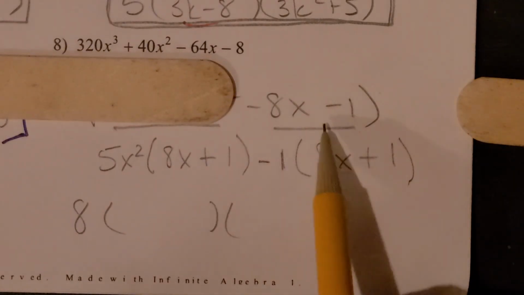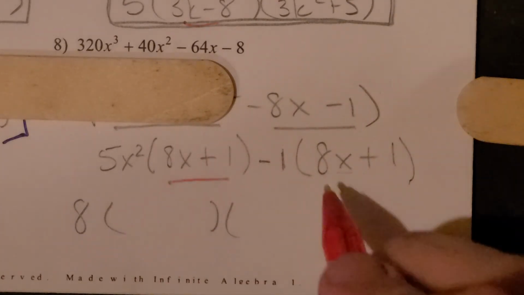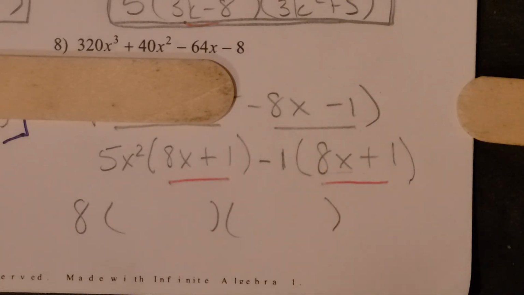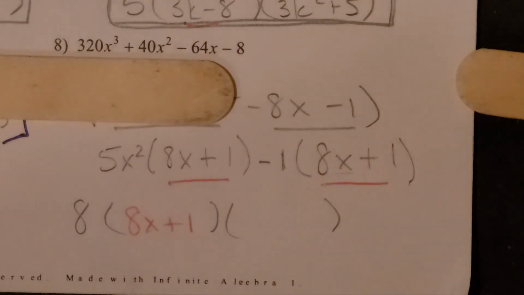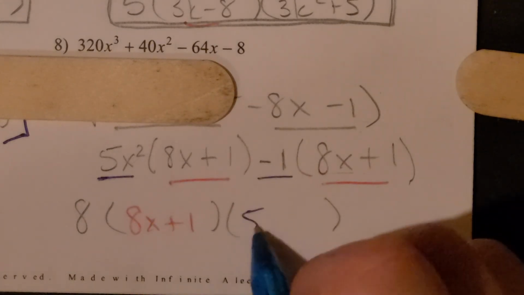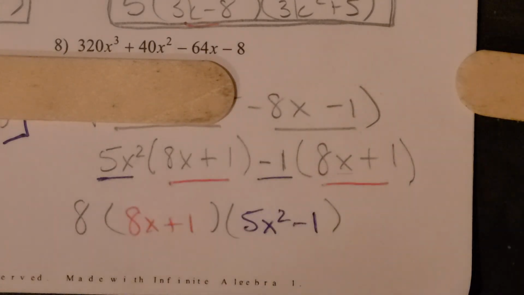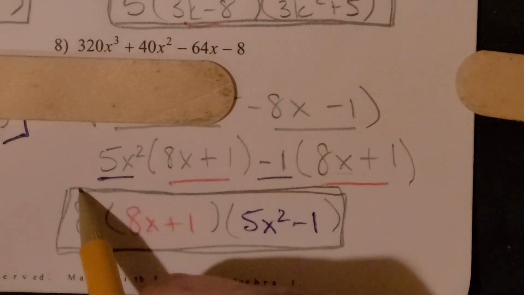And then negative 1 divided by negative 1 is a positive 1. So 8x plus 1, that's what was left inside the parentheses. And then everything left over, 5x squared minus 1, my other set of parentheses. And this is my final answer, and I'm done.